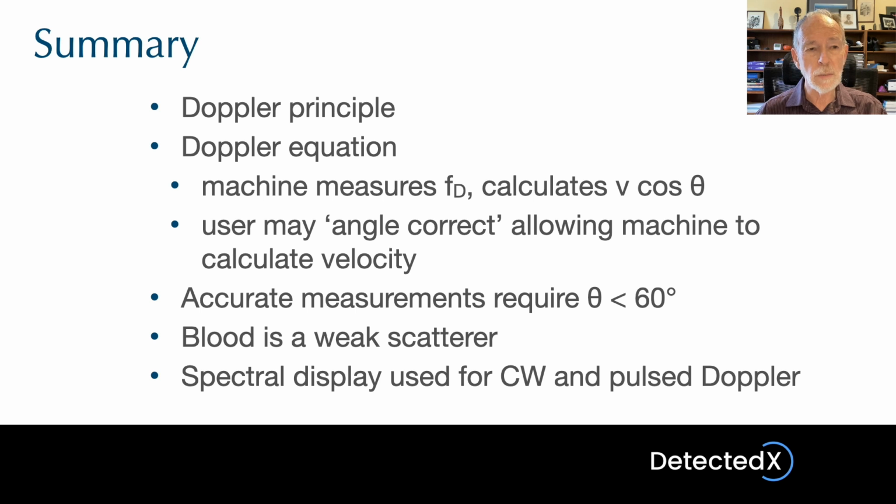I then talked about the fact that blood is a weak scatterer, and there are some implications in terms of both transmit power and also the need to filter out Doppler signals from moving tissue. And finally, I talked about the spectral display, and what we're going to see is that this is used for both continuous wave Doppler and pulse Doppler.